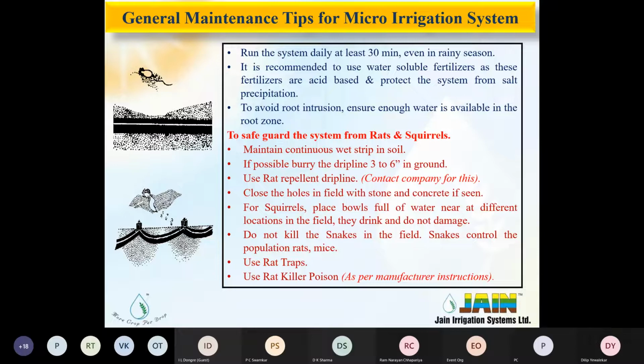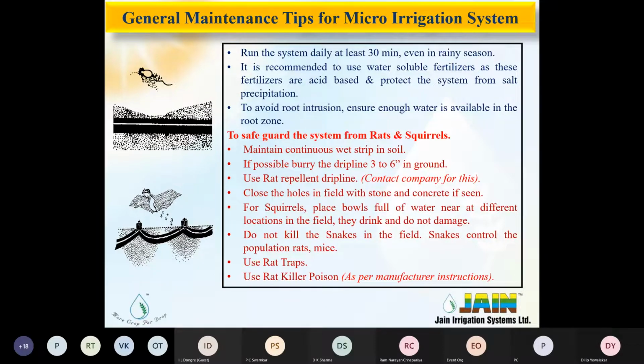And if possible, bury the drip line 3 to 6 inches in the ground. As some rat repellent chemicals are available, we manufacture the drip line with the repellent also. That means during the time of order, when we manufacture, we add the rat repellent chemical. So for this, a specific order has to be made. Then close the holes in the field with stone and concrete.